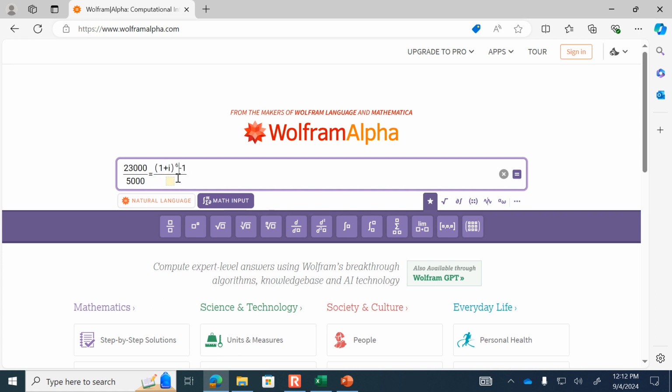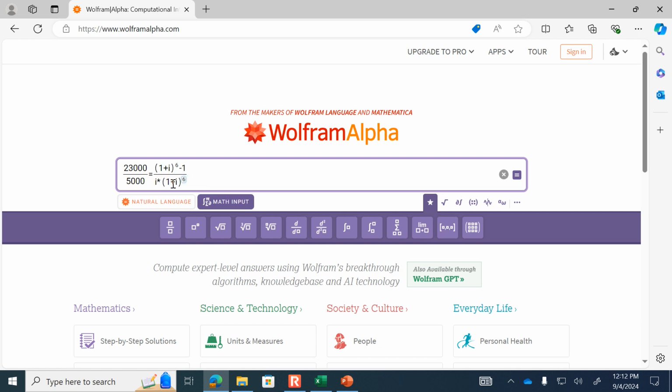Okay, so I just pasted that into the numerator of that equation. Now in the denominator, it is i times (1 plus i) to the power of 6. Okay, so I think I've written that into Wolfram Alpha correctly, and when I click on this, it's going to solve for i. Now, it gets a little bit confused with the variable i.